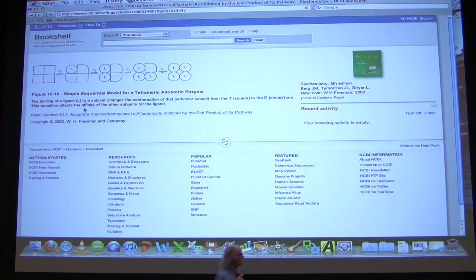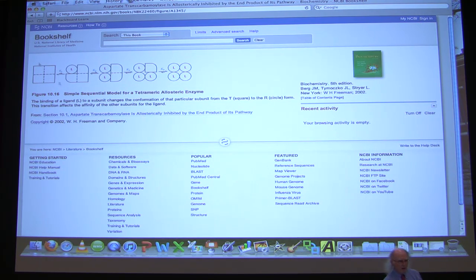So his question has to do with how rapidly the T to R state change occurs within an enzyme, and does this tend to favor one model versus the other? The answer is, if it's independently changing, it already is in the concerted model. So if the changing is independent of a substrate binding or an allosteric effector binding, then it automatically is a concerted model. Okay?